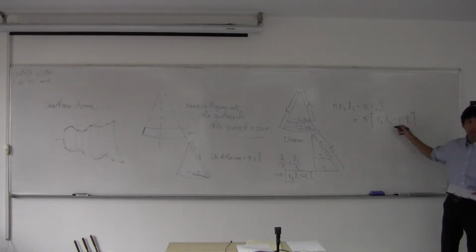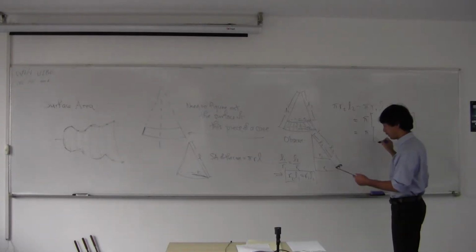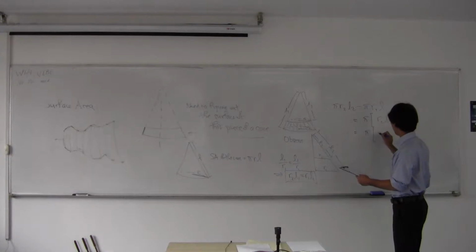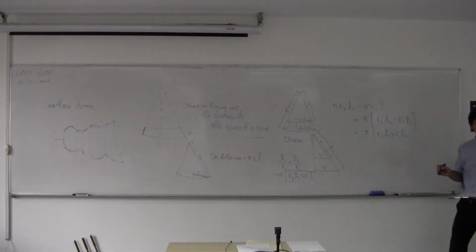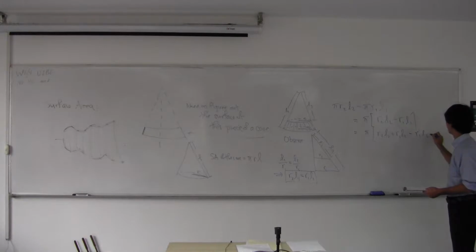Right, so you factor out a pi, and then we're going to do something funny, which is we're going to add in R2 L2 plus R1 L2, and then we're going to subtract off R1 L2.